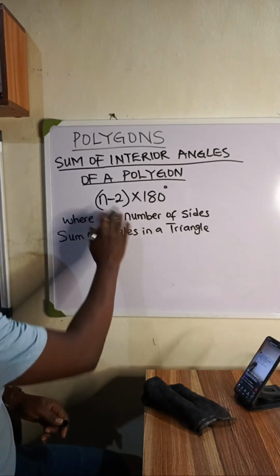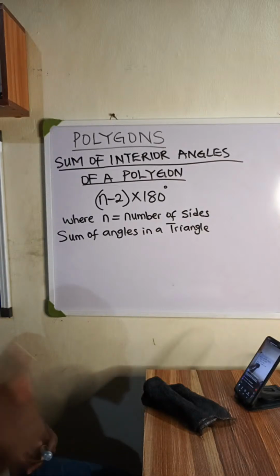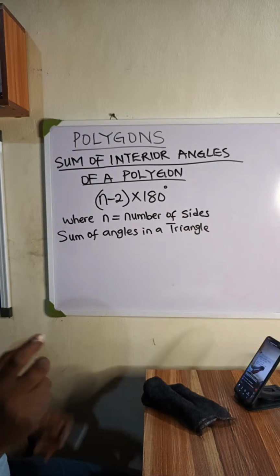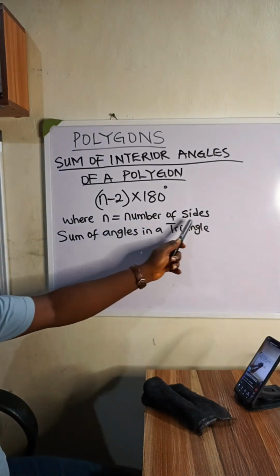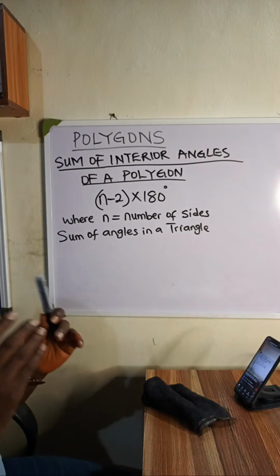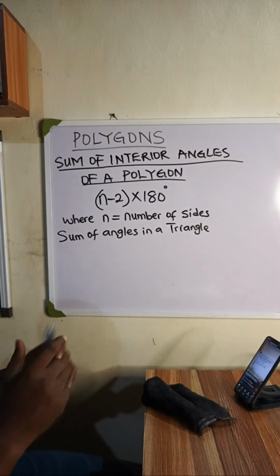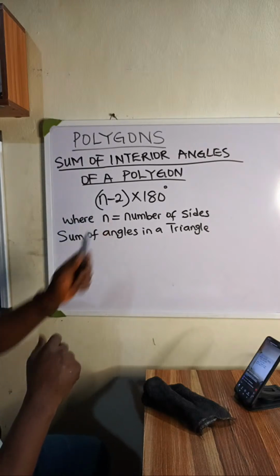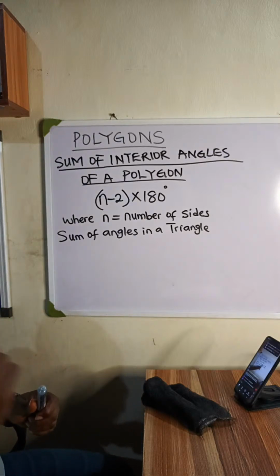Remember, n is equal to the number of sides. The number of sides in a triangle is 3. So using this formula, our n is going to be 3.